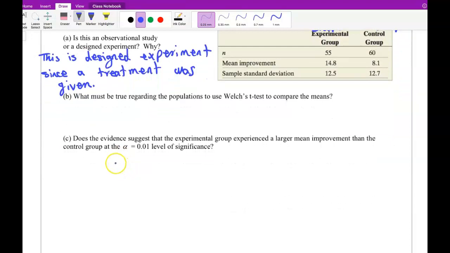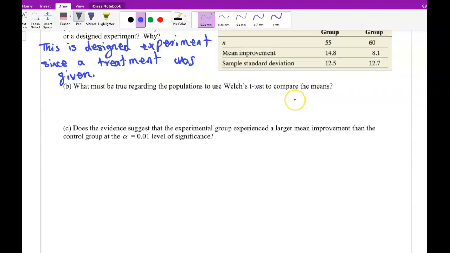Okay, then part B, what must be true regarding the populations to use which t-test to compare the means. That means we should have all those three requirements. The first one was that we should have a simple random sample. Our sample values are independent, so independence.